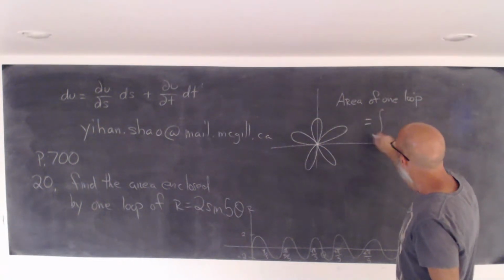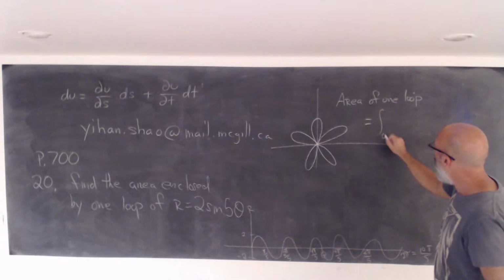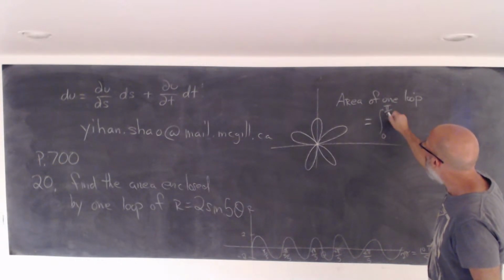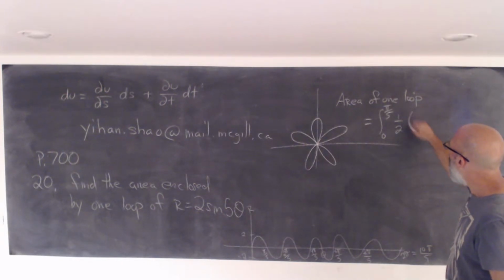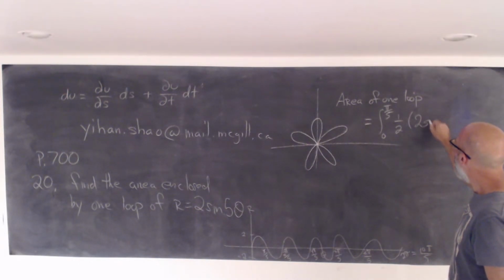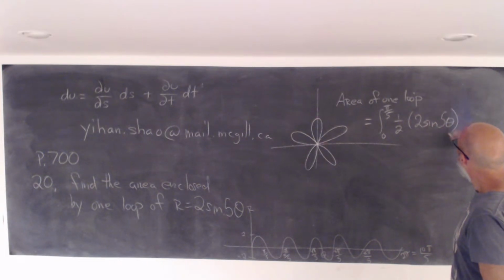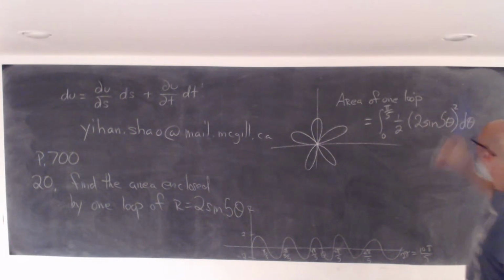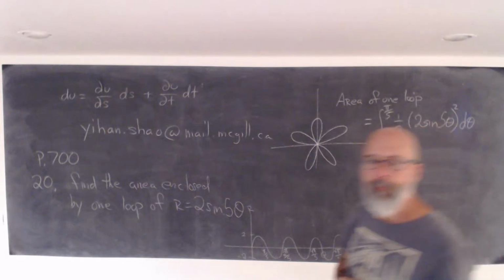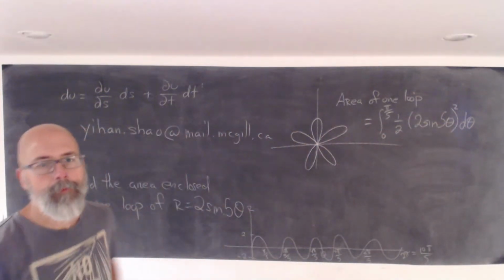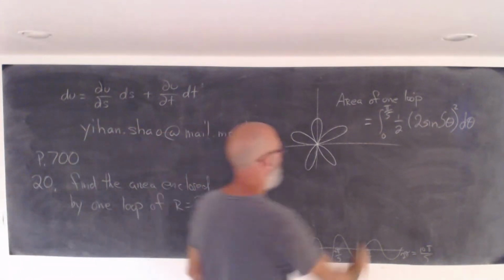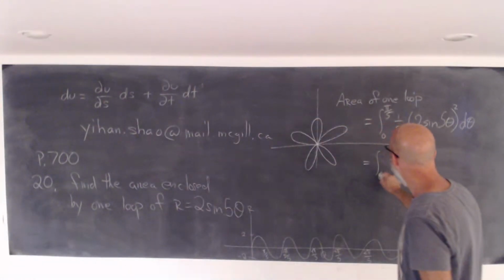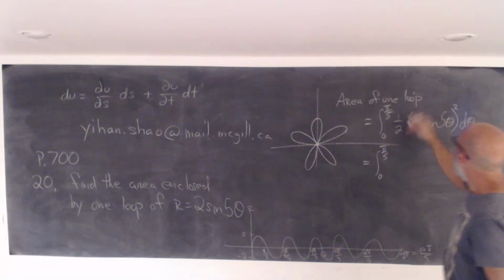So the area of one loop, 0 to pi over 5, 1/2 your function squared d theta. Expand.